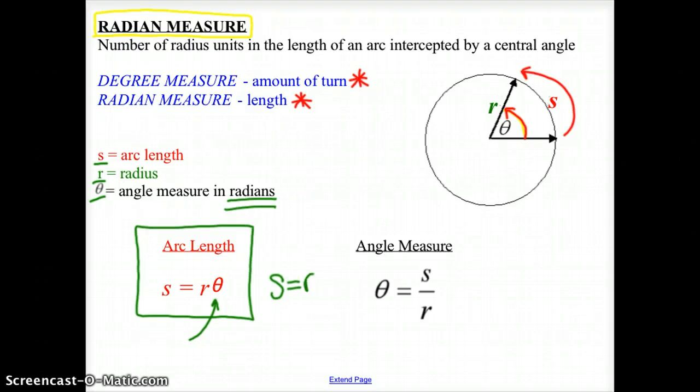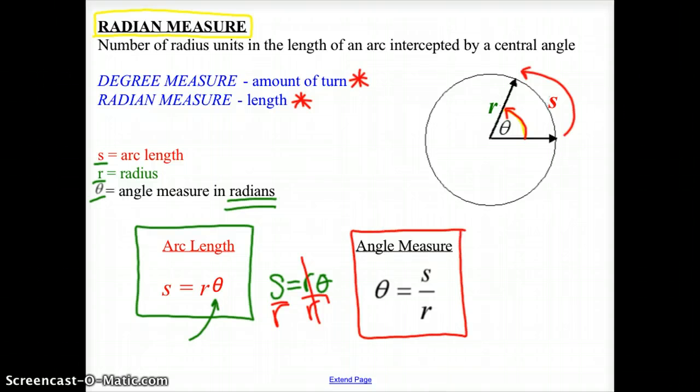If I were to take S equals R theta and divide both sides by R, I would then have theta equals S over R. So both of these formulas are useful depending on what you're trying to find. If I am trying to find arc length, I will use S equals R theta. If I'm trying to find the radian measurement, I will use theta equals S over R.